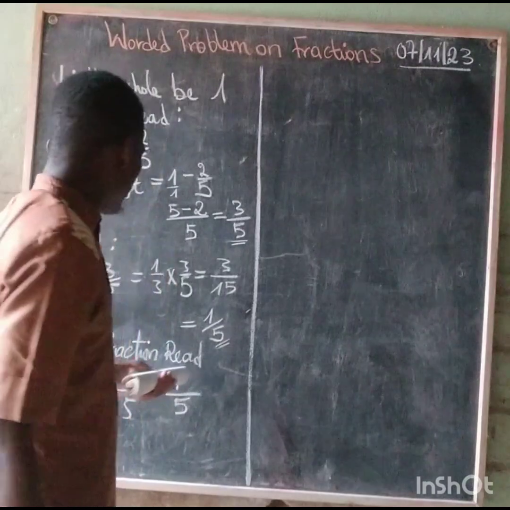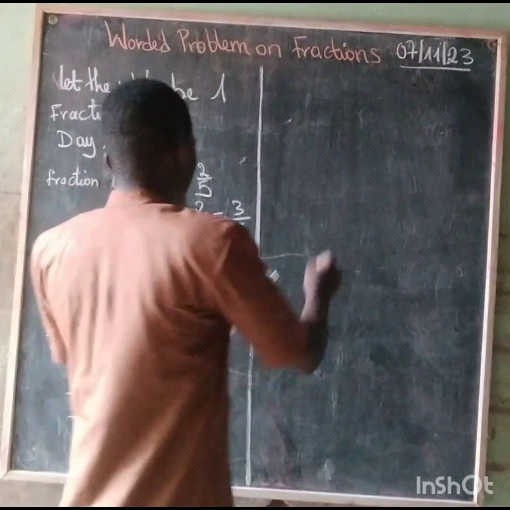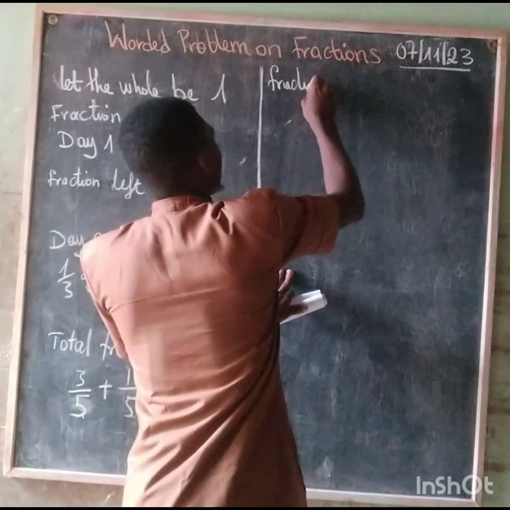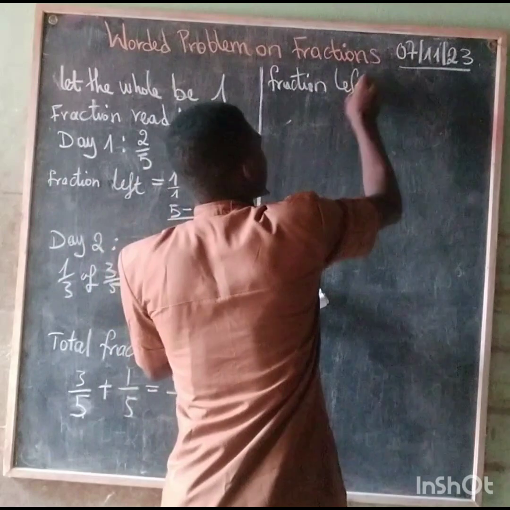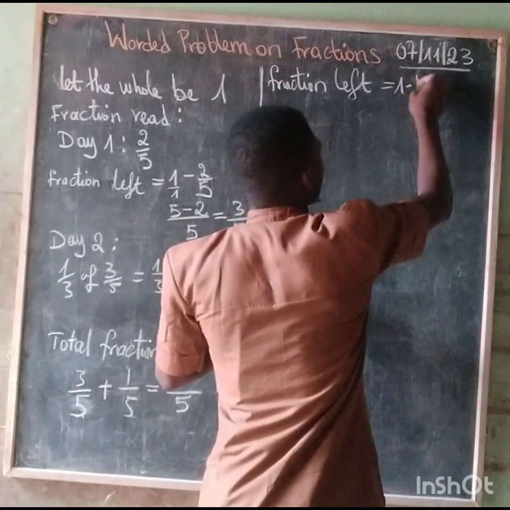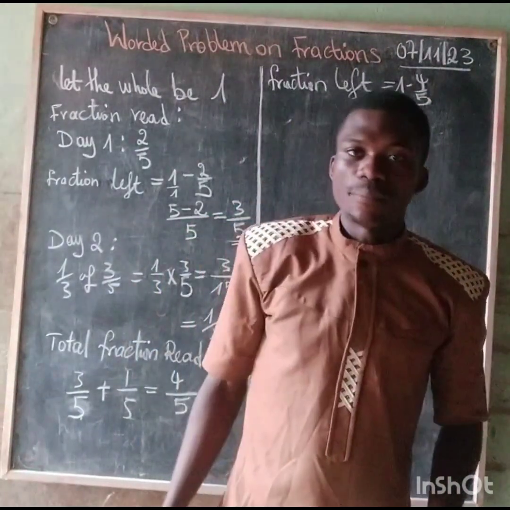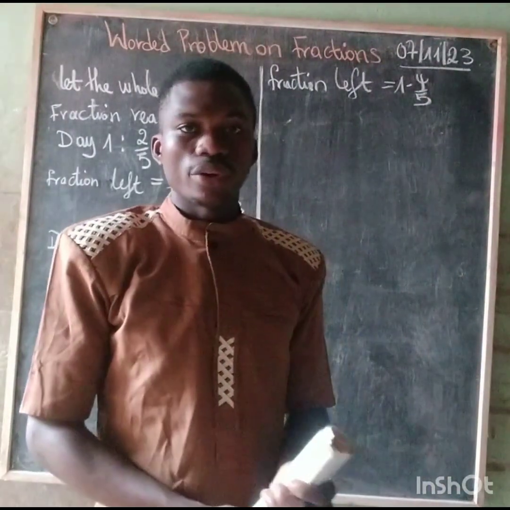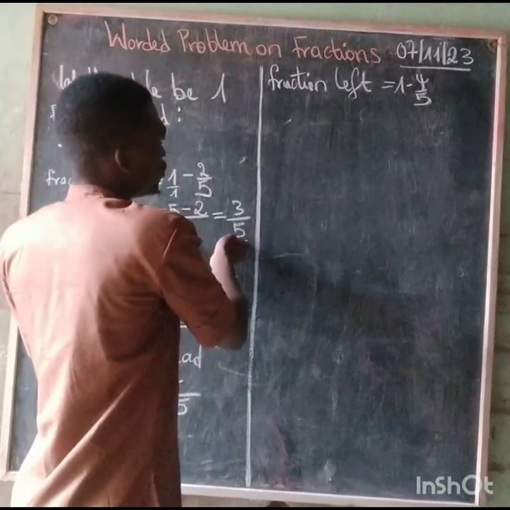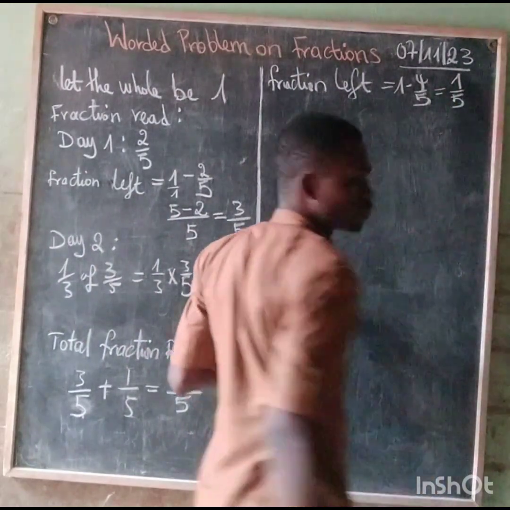So now after reading 3/5 of the book, what is the fraction left? Fraction left will be 1 minus 3/5, because total fraction left is 1 minus fraction read. And after doing exactly what we have done here, we're going to have 2/5.